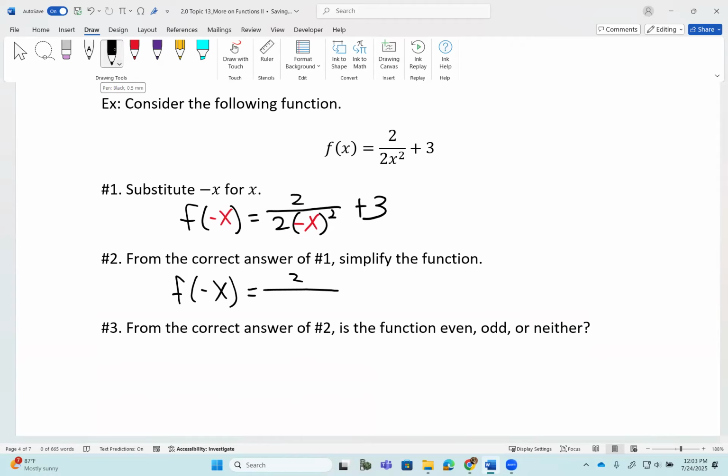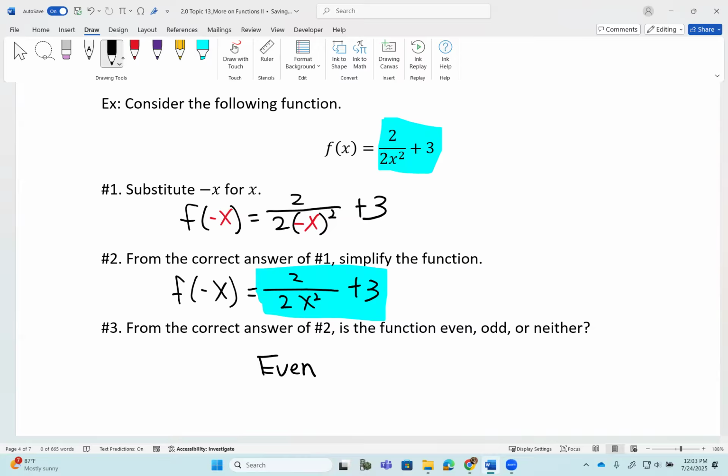Negative times negative is positive. x squared times 2 is still 2x squared, and that's still +3. So look at the answers. This is the original function. This is after we substitute with negative. These two functions look exactly the same. So that means this rational function is an even function.